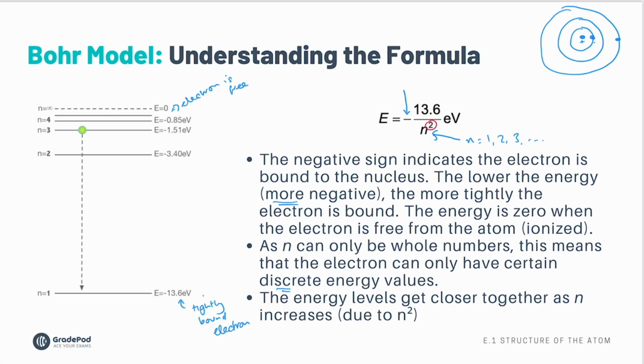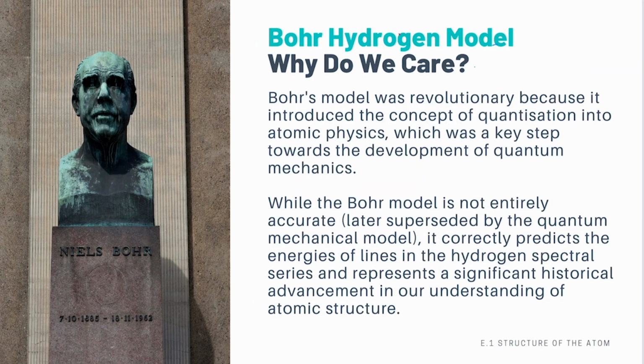Here's a picture of Niels Bohr. Good on him, right? Because what he did was he predicted a model and he iterated it after learning about other people's understanding of science. And it was revolutionary. It was revolutionary because he introduced the concept of quantization into atomic physics, and that was the key step in the development of quantum mechanics.